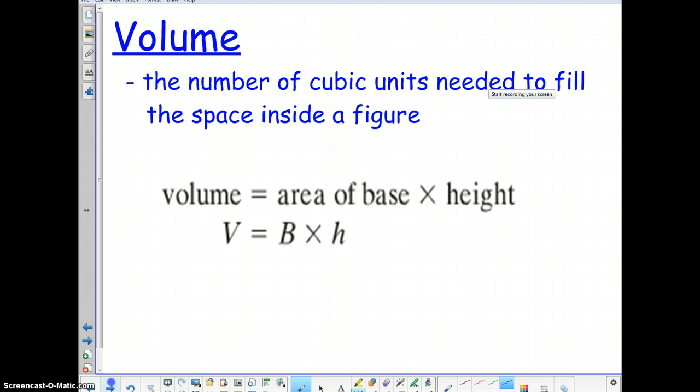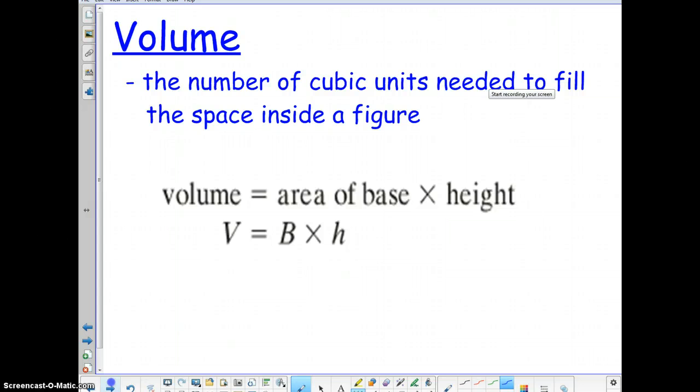If we find the area of the base and just multiply it by how high it is, then we will have our volume measured in cubic units. Sometimes it's going to be cubic inches, sometimes cubic centimeters, cubic feet, cubic yards. The same thing that we've been doing with area, but we're going to be doing it in cubic units.